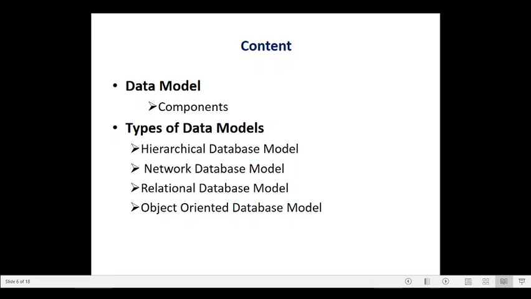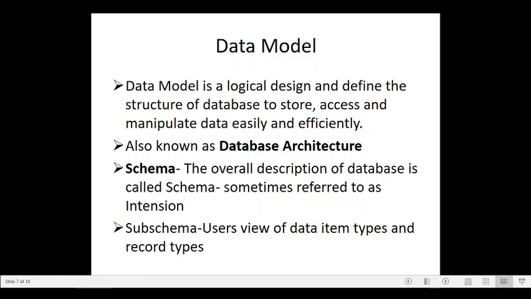The content of this session would be understanding the meaning of data model, the important terminologies, and the components of data model. There are 4 types of data models which will be covered: hierarchical database model, network database model, relational database model, and object-oriented database model.